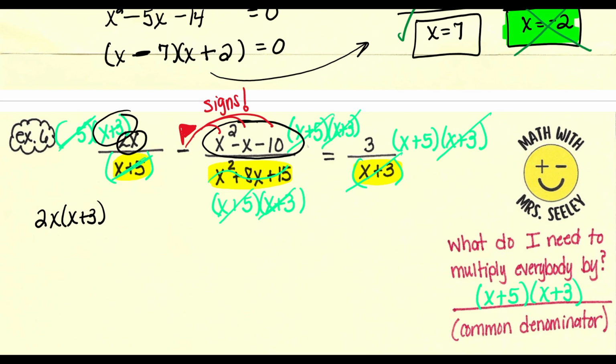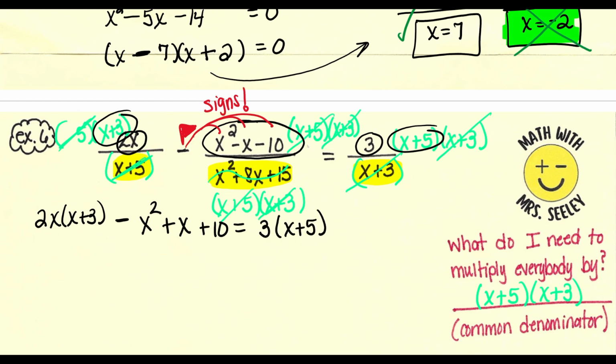So that's going to give me, and that negative's going to go through, so that's going to be negative 2x squared. Negative times negative turns into a positive x, and negative times negative turns into a positive 10. Over here you have a 3 and an x plus 5. All right, let's distribute.